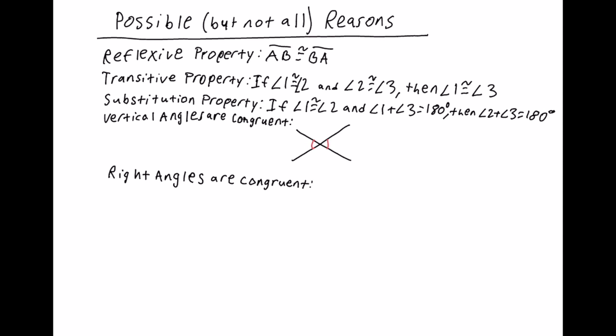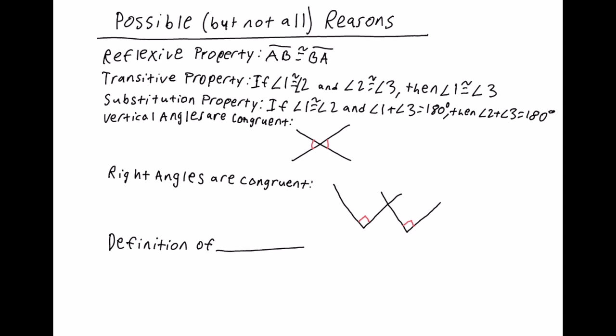Next one is that right angles are congruent. So if you have two right angles here, they are congruent. Right angles are always 90 degrees, therefore they're congruent. A lot of these may seem a little simple, a little common sense, but in a mathematical proof you do have to state that kind of thing.